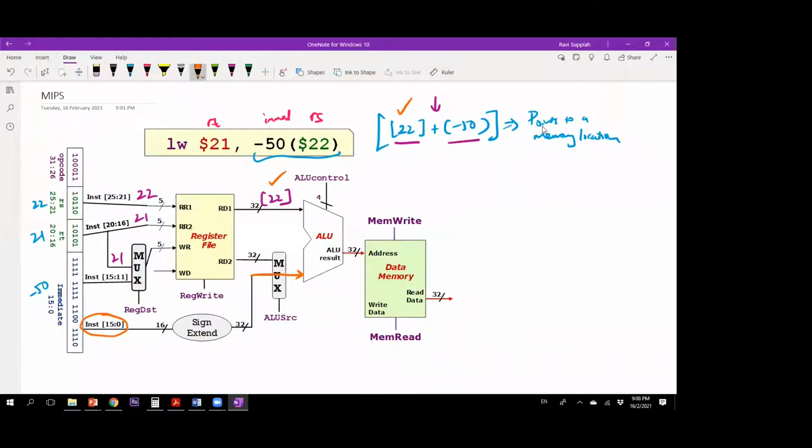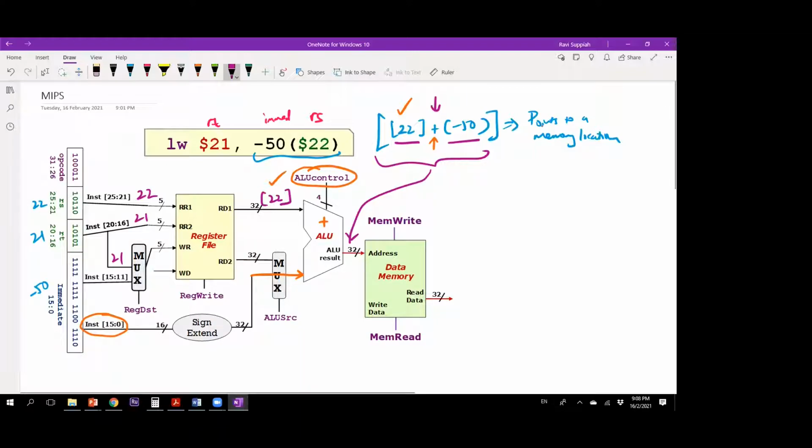The immediate value. For this add operation, the overall responsibility is through the control block. So the ALU control will tell the ALU unit that I need to do an add operation. And after I do the add operation, what I get over here is the address of where I want to point to.